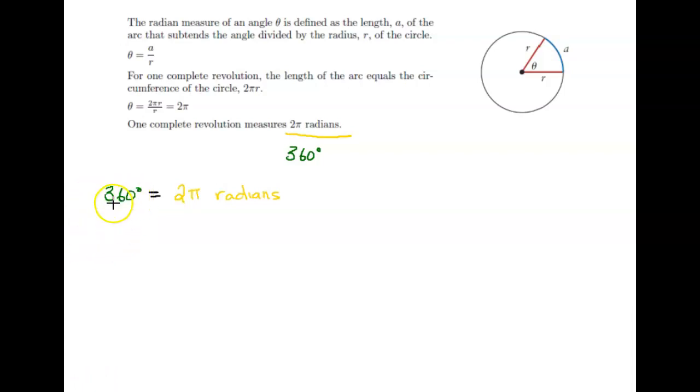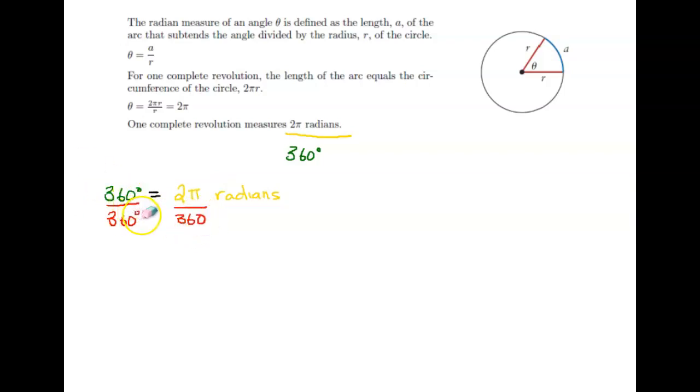So what can we divide 360 by to get 1? Well, we'd have to divide 360 by the number itself, 360 degrees. And that on this side would give me 1. But what we do to one side, we have to do to the other side. So we are also going to divide this side by 360.